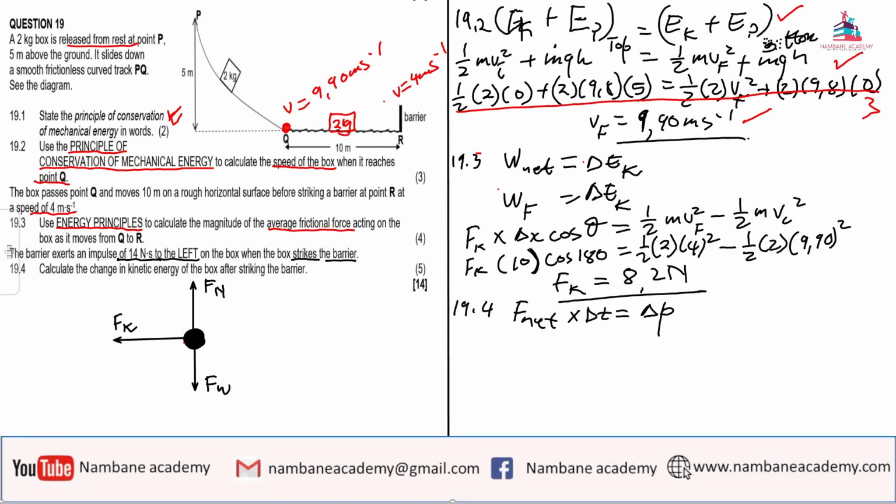We said everything on this side represents the impulse. So what are we going to do here? It's very easy. We are just going to substitute minus 14, because we want to assume that left is negative, and then right is positive.